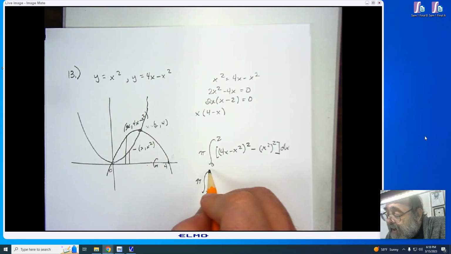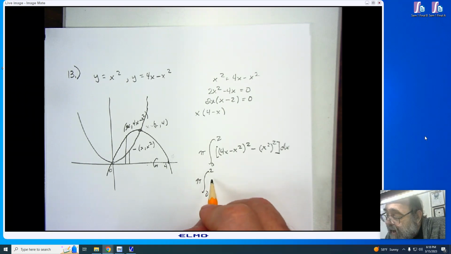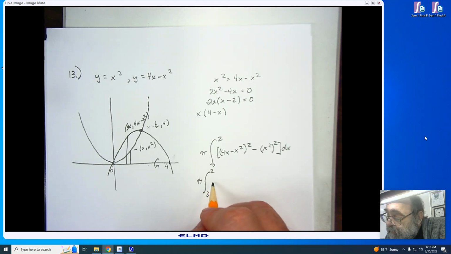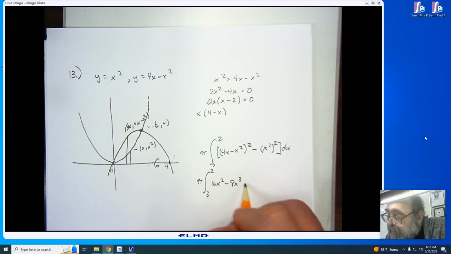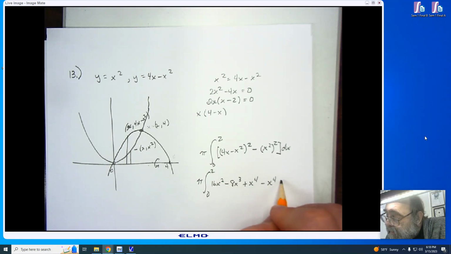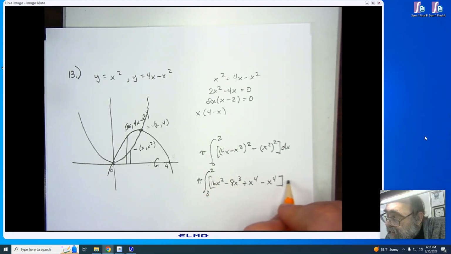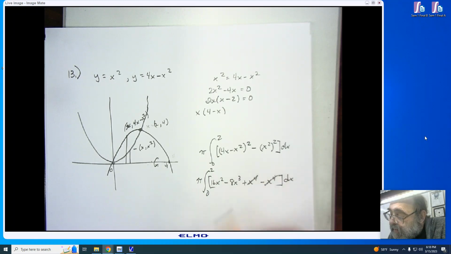Now we're going to simplify it so that we can figure out what we have. We have 16x squared minus 8x cubed plus x to the 4th minus x to the 4th dx. These cancel.